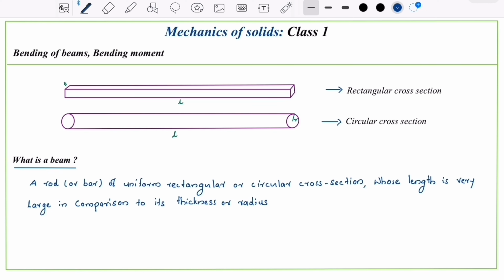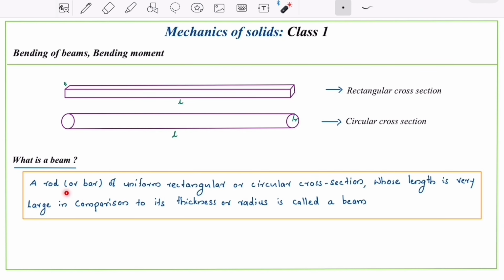So a rod or bar of uniform rectangular or circular cross-section whose length is very large in comparison to its thickness or radius is called a beam.